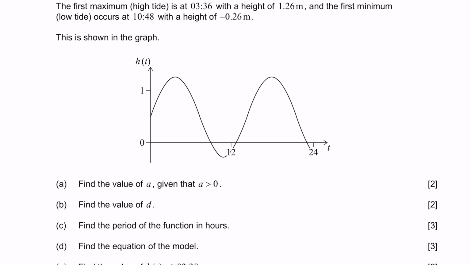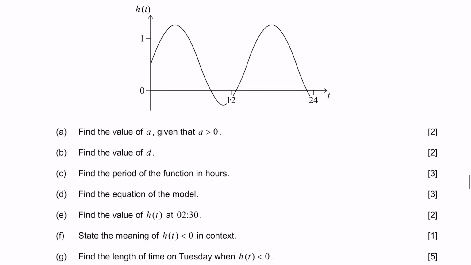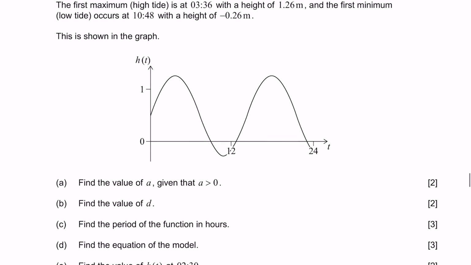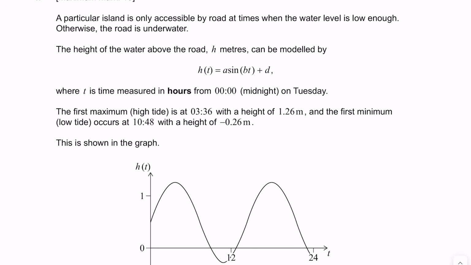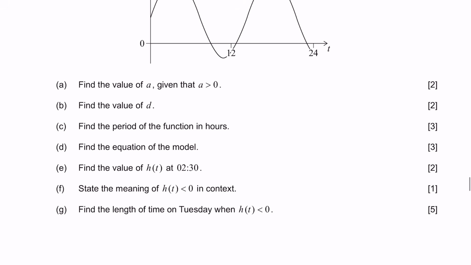And then just looking down further in this question, we have find the value of d, find the period of the function, and then find the equation. Questions like this often unfold in a similar way, where we're asked to find the parameters to complete a trig function, that is to say the a, the b, and the d. So asking to find the parameters of some equation, and then using that equation to do something practical in context.